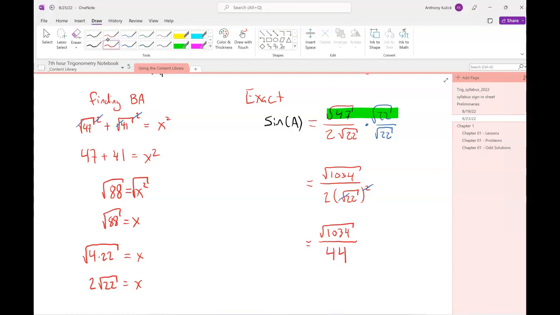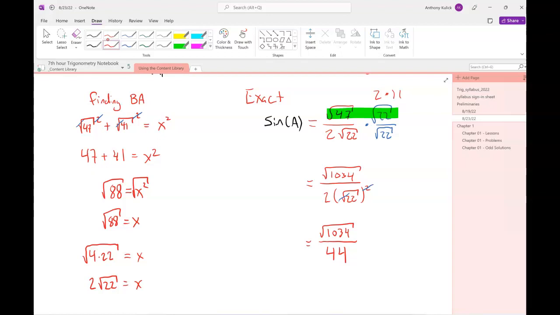You guys know what a prime is? It's a number that can only be divided by 1 and itself. 47 is prime. If I write 22 as a prime factorization, that's 2 times 11. Everybody okay with that? So the only factors of 1,034 are 47, 2, and 11.